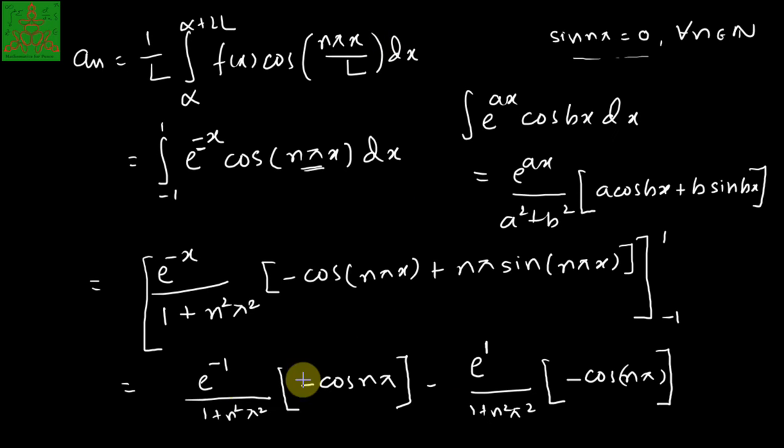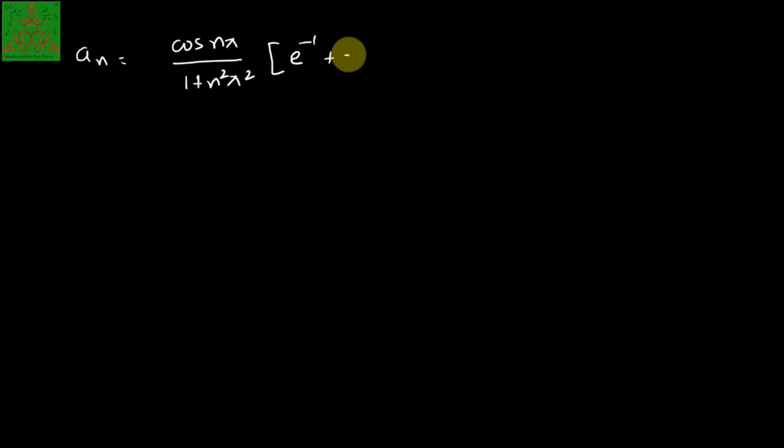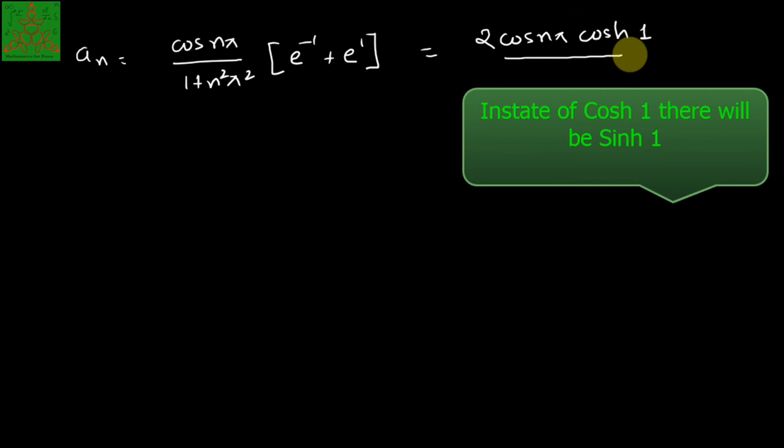So finally what we have, an will be cos n pi upon 1 plus n square pi square into e power minus 1 plus e power 1, which I can write down as 2 times cos n pi into cos hyperbolic 1 upon 1 plus n square pi square. So that is the value of an, where n is running from 1 up to so on.